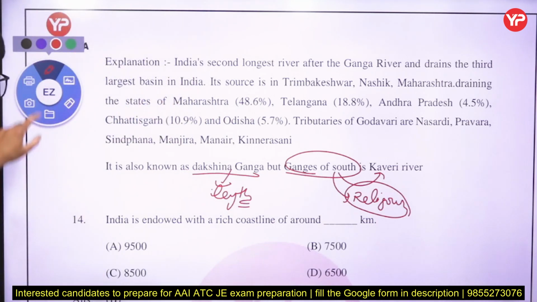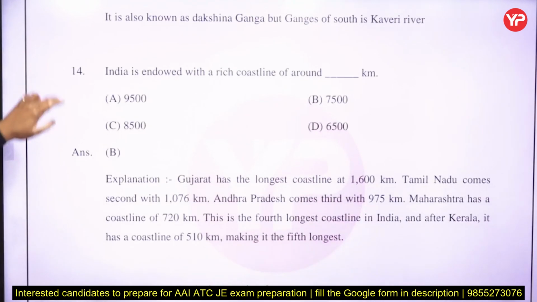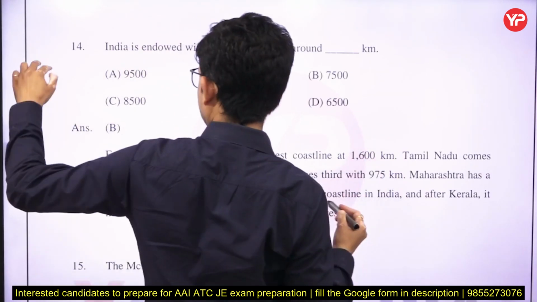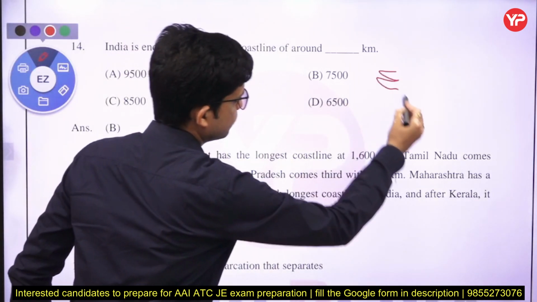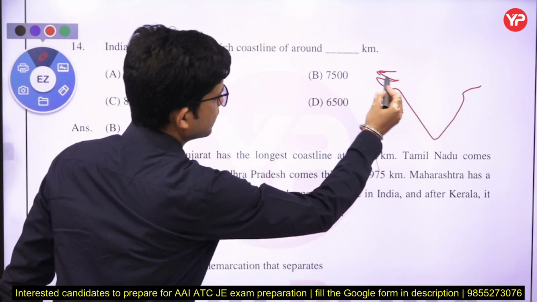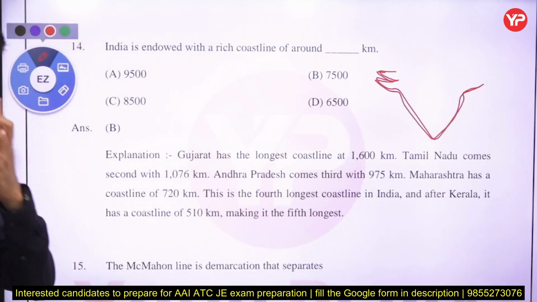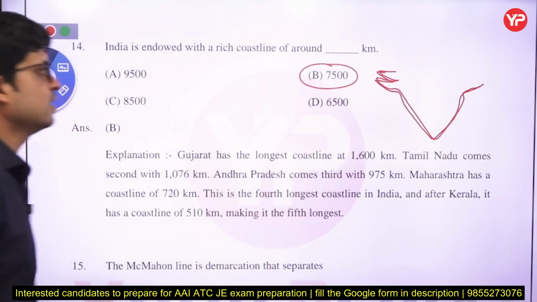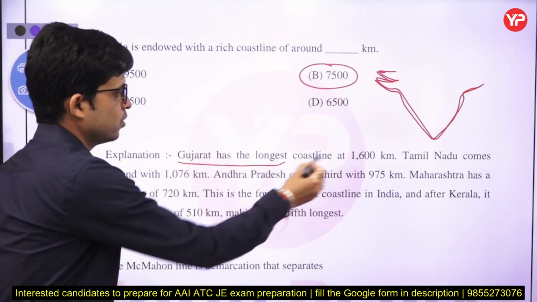Next question is, India is endowed with a rich coastline of around. The coastline is the line of India touching the ocean. Okay, that is called coastline. So basically 7,500 kilometer long coastline of India, and Gujarat has the longest coastline.